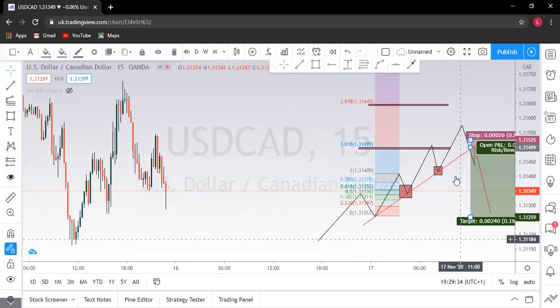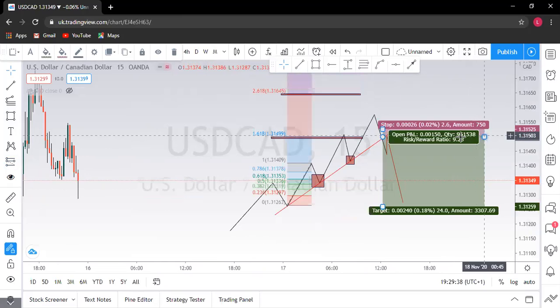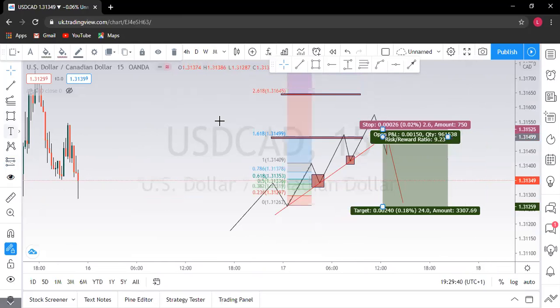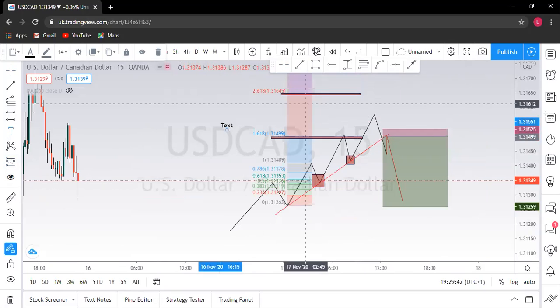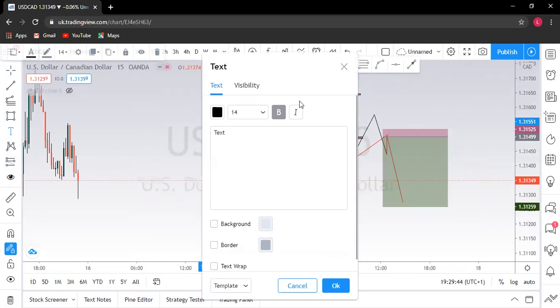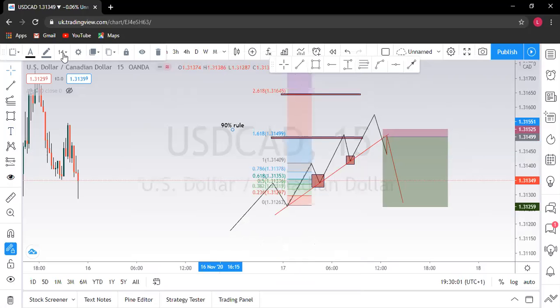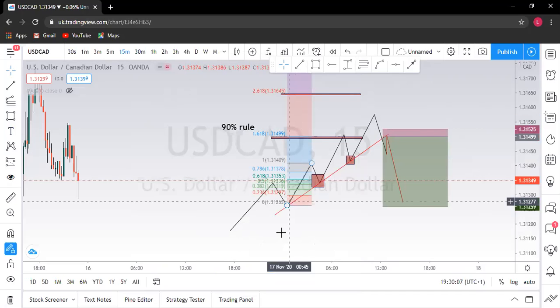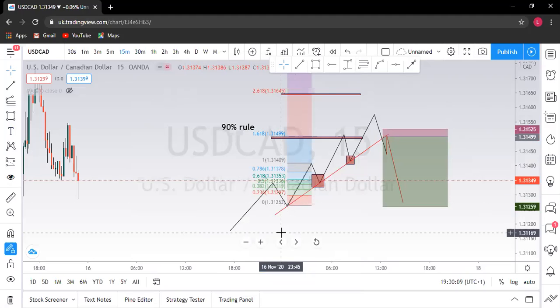So at this point in time, I will also teach you guys something that is called 90% rule. And here is what 90% rule says. 90% rule says wherever you start that trend line, it is expected that whenever market breaks it, like the trend line started from here, right?